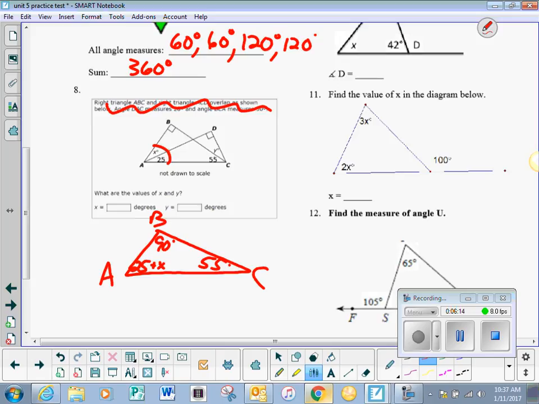What's the total degrees in a triangle? 180. So I know that 90 plus 55 plus 25 plus x has to be 180. And when I simplify this, I get 170 plus x is 180. So I know that this little angle right here has to be 10 degrees.